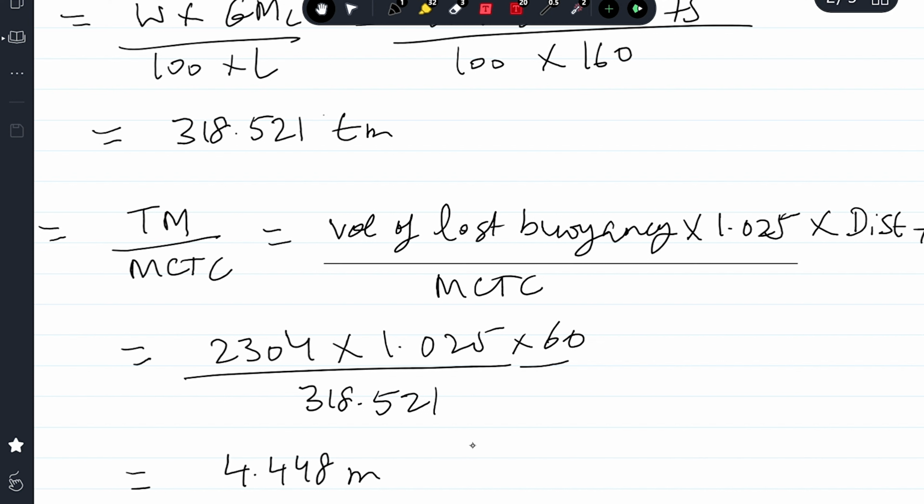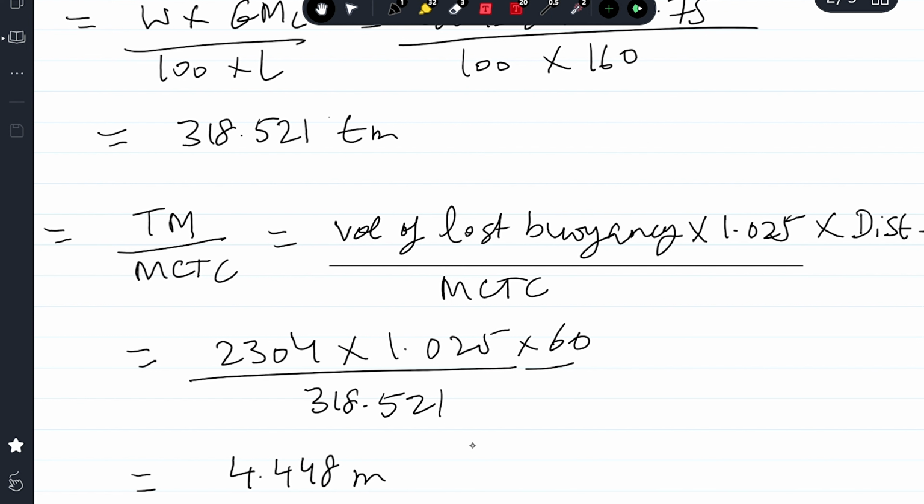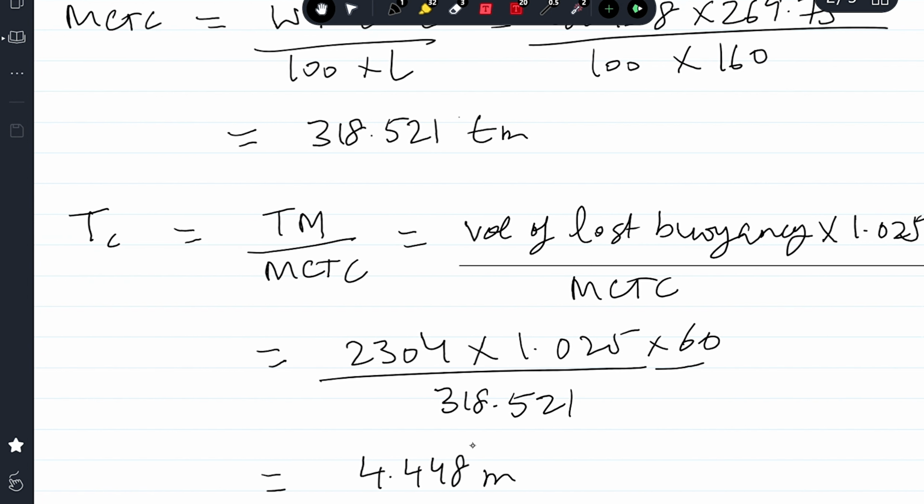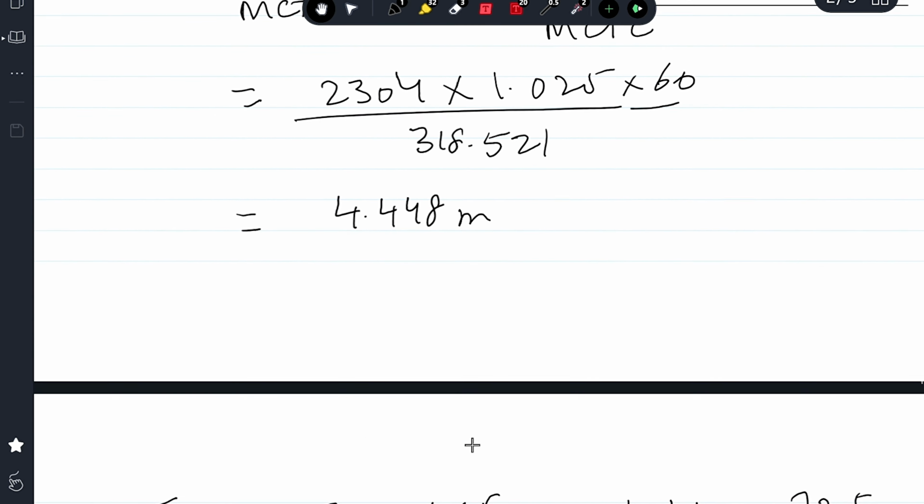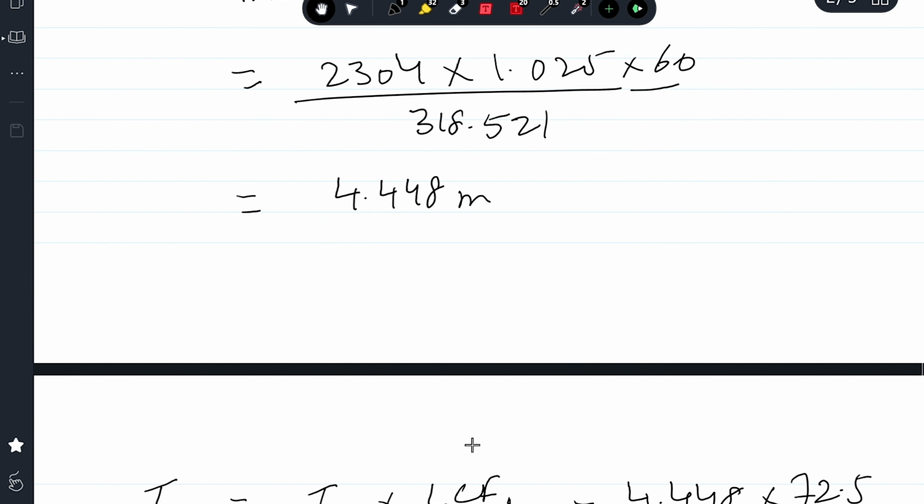So this is the trimming moment divided by MCTC 318.521. This gives me a change of trim of 4.448 meters. From this formula you get it in centimeters, but you can divide by 100 and get it in meters, 4.448.